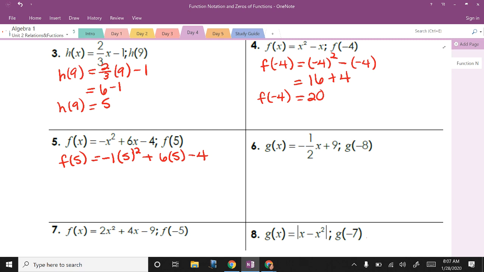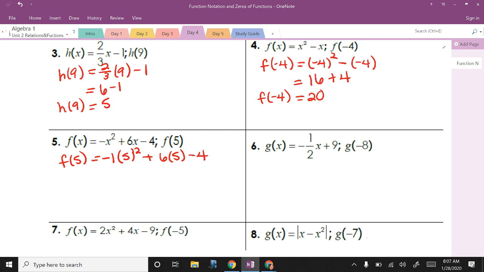Yes. Because here's the thing. I'm going to go over to the side over here. If I do this, that's a positive 25. Right? But if I do this, order of operations says I square before I multiply, right? Exponents before we multiply.